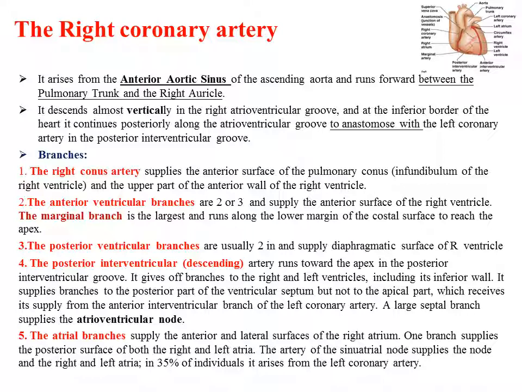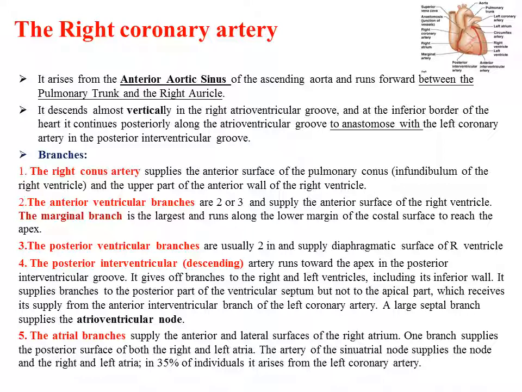It supplies the branches to the posterior part of the ventricular septum, but not to the apical part, which receives its supply from the anterior interventricular branch of the left coronary artery. This is very important. If it is obstructed, you know what will be affected. Obstruction of one of the vessels means that part of the cardiac muscle will be ischemic, will be infarcted, and it has its clinical implications.